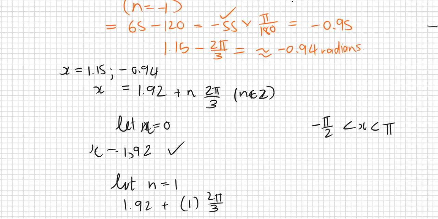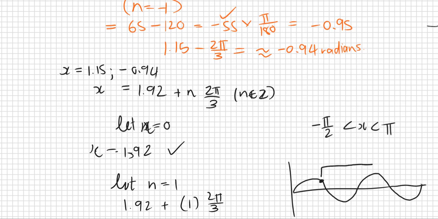Just in case anybody's still confused, that's because of repetition. We're looking at where x is 1.92, which could be somewhere on this graph, so let's put it maybe there. We want all the 1.92s within the range, so it repeats again here, plus 2 pi over 3 to there, and it keeps repeating.